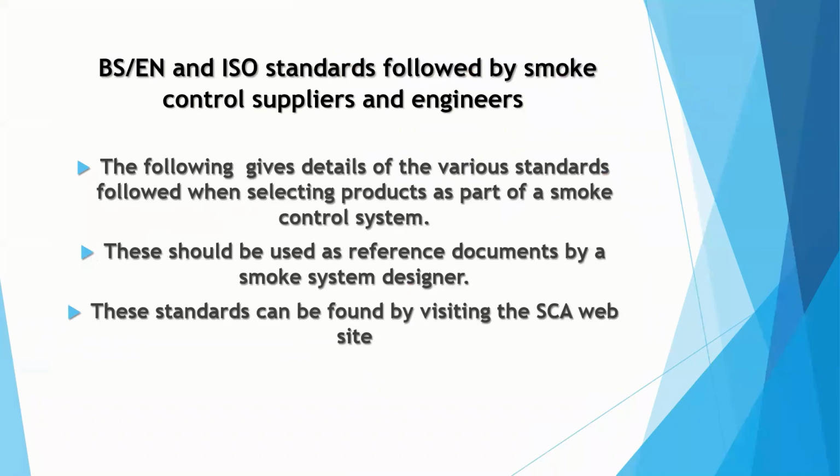The following slides will give details of the BS, EN and ISO standards that should be followed when selecting products as part of a smoke control system, and details of these standards are available on the SCA website for download.